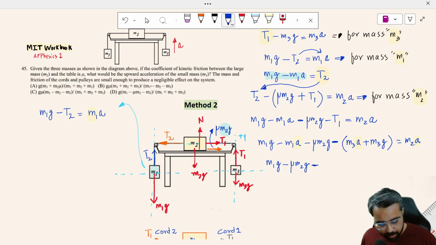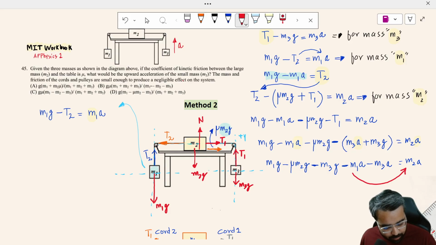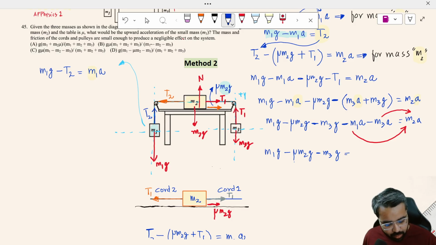Minus, when you open the bracket, this negative sign will make m3g negative, so minus m3g. What about the terms with acceleration? Now minus m1a minus m3a is equal to m2a. Now you know what we should do next. We should take these terms to the other side, and on the other side both of these terms will become positive.